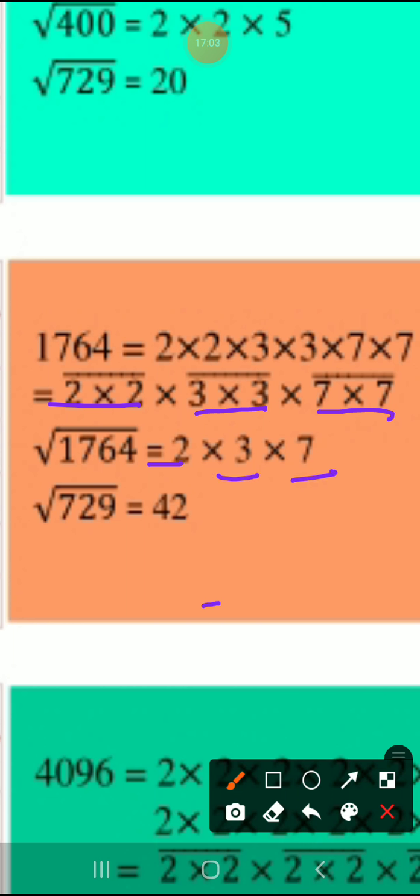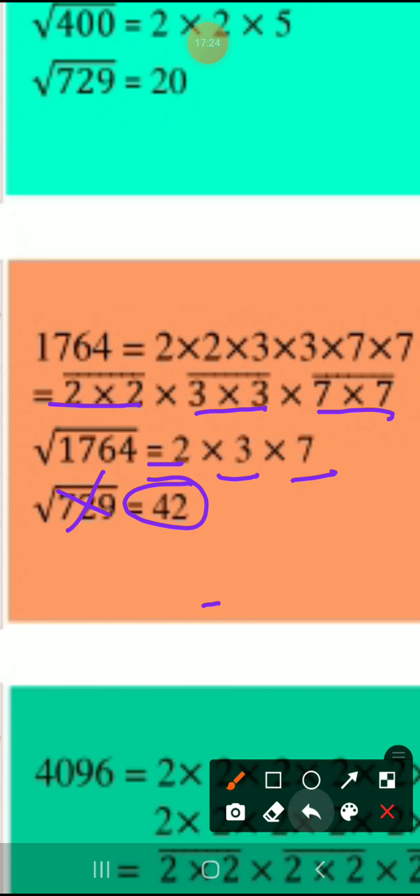So 2 3s are how much? 6. 6 7s are 42. Correct. So the answer is 42. Kindly write it neatly.